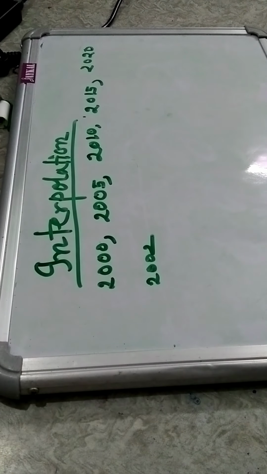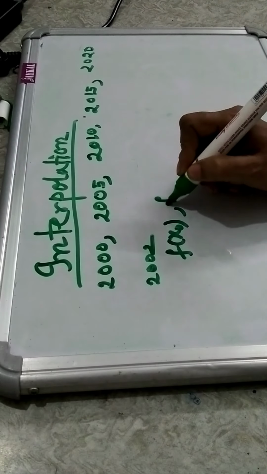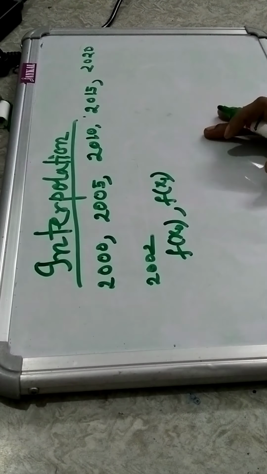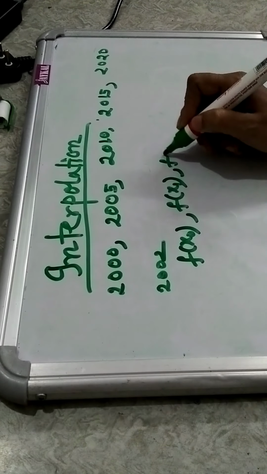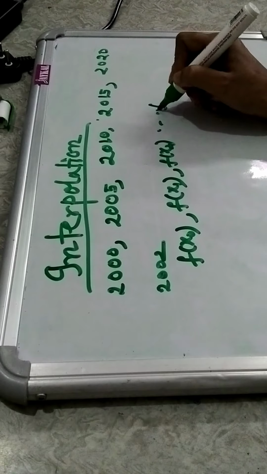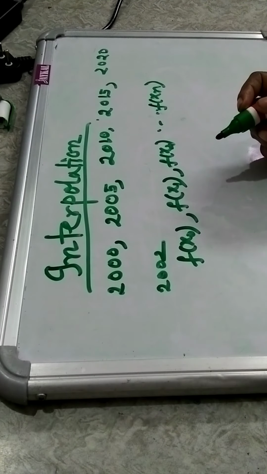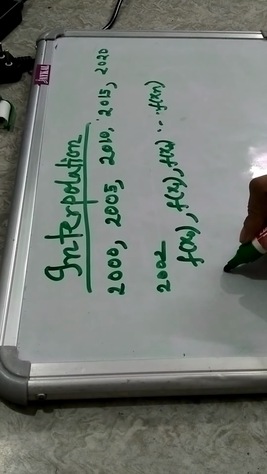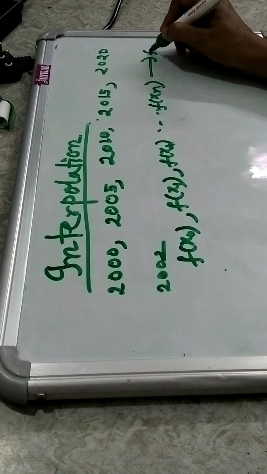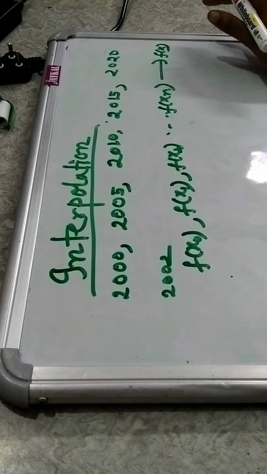Let f(x0), f(x1), f(x2) up to f(xn) be the values of the function f(x) for different values of x.